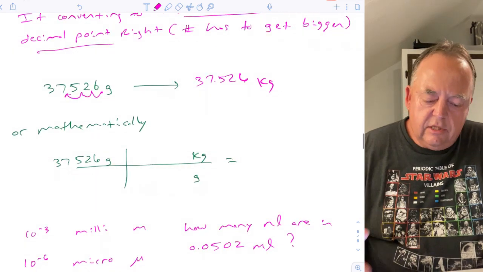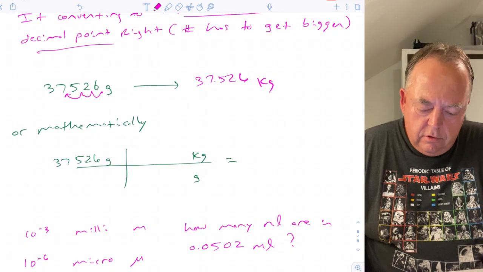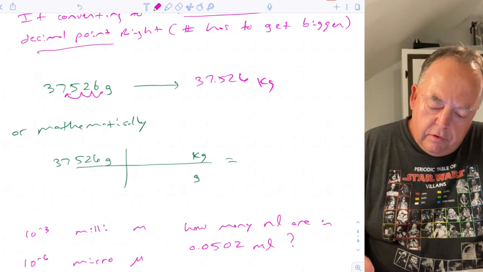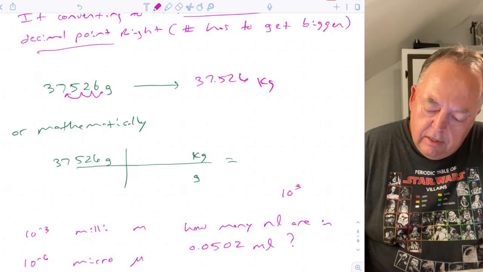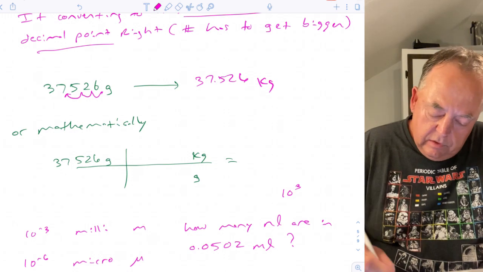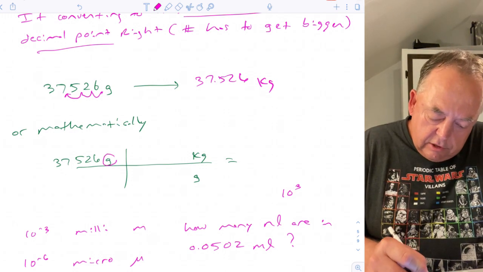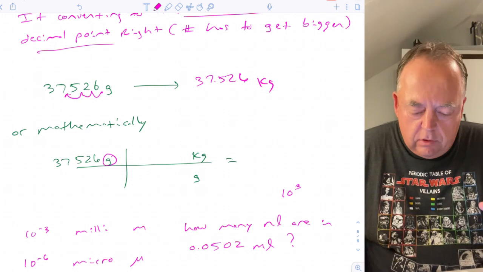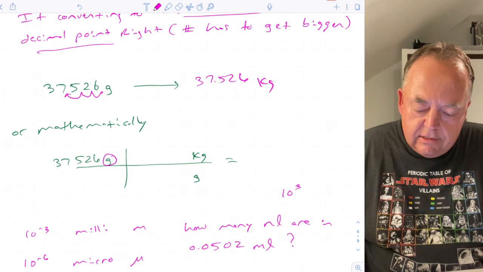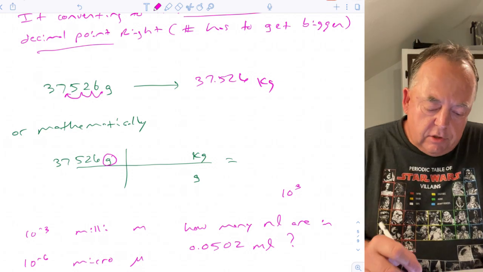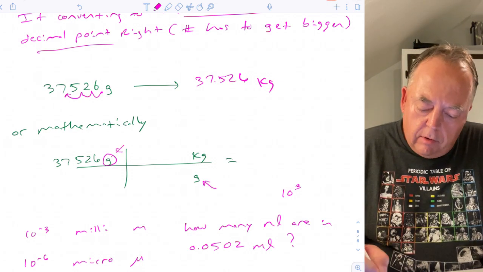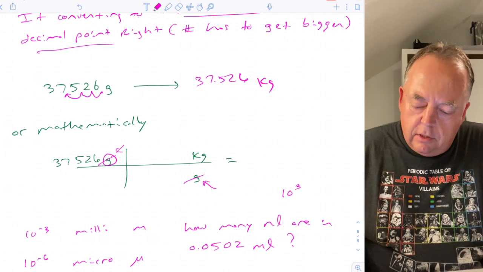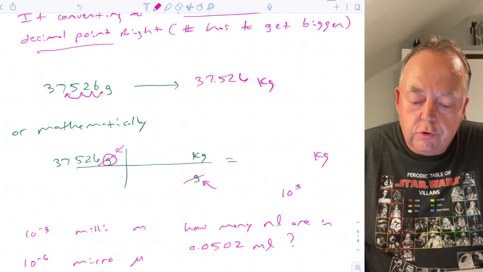If we wanted to set this up mathematically and do the calculation, then again you have to know kilo is 10 to the third. Since this number is on top, we're going to set this up as a dimensional analysis, and we'll talk more about dimensional analysis in another lecture. This gram is on top, so we need gram on the bottom so that they can cancel each other out. And then we would need kilograms on top, since that's what we're trying to convert to.